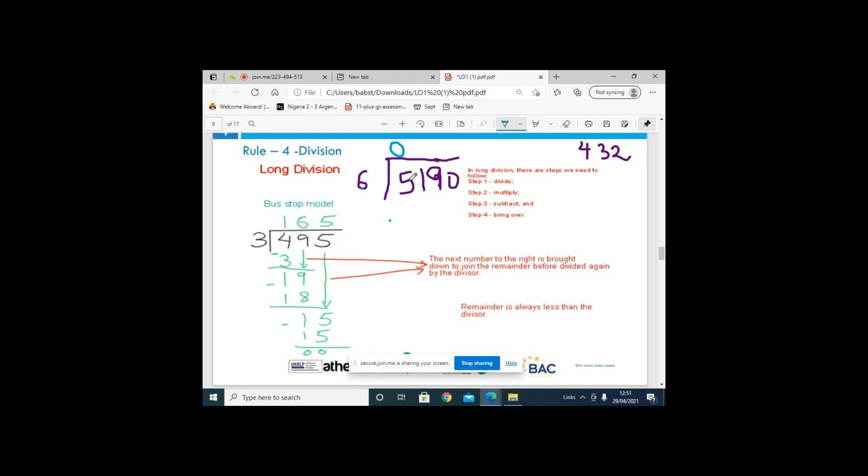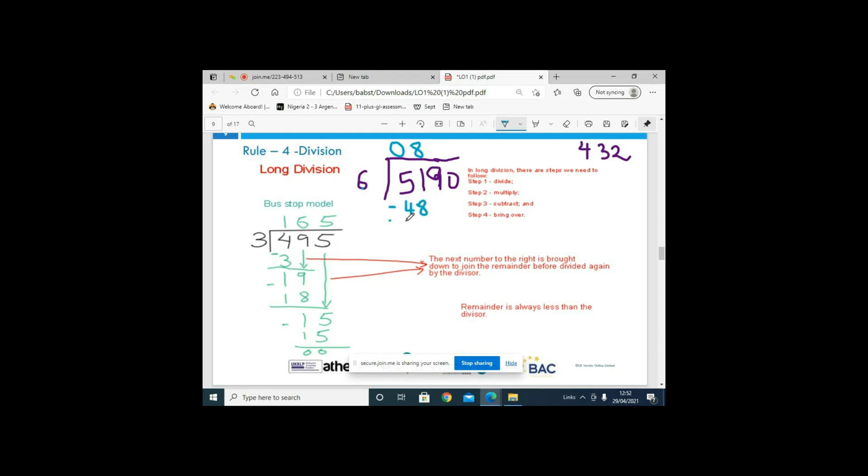Then 6 times 7 is 42. 6 times 8 is 48. So it's going to be 8. You can find 8 sixes there. So 6 times 8 is 48. You put 48 here.